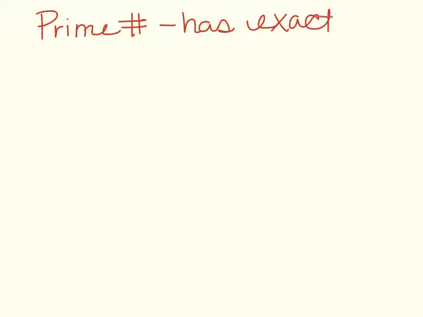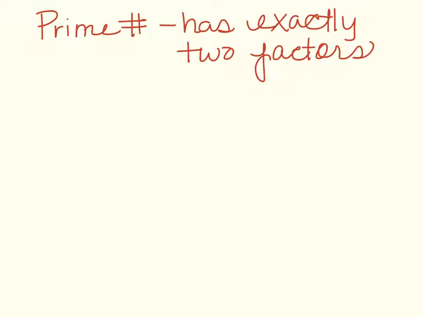Okay, the first thing we need to do is get down some terms. A prime number has exactly two factors, and put in parentheses, 1 and itself. That means I can only multiply a number by itself and get the answer. For example, 2.